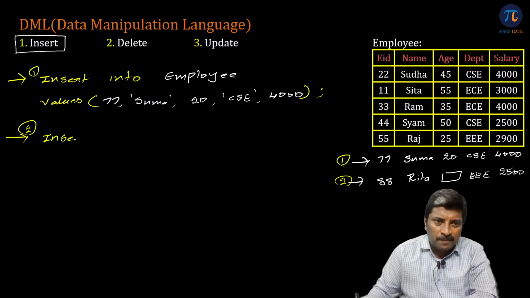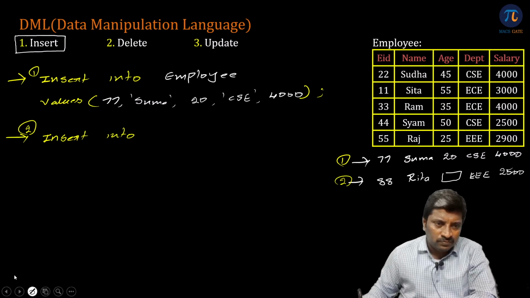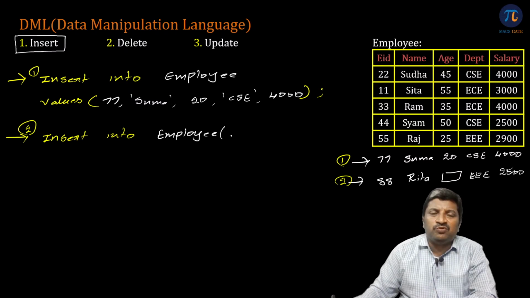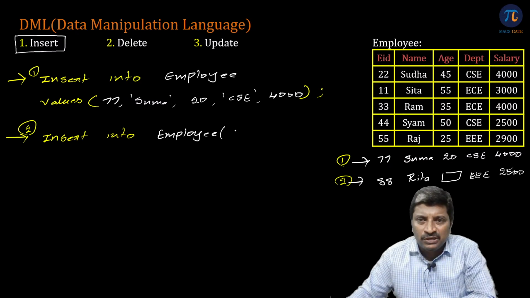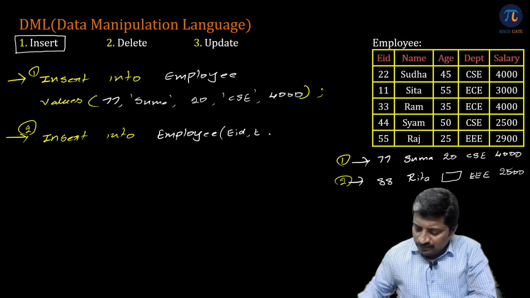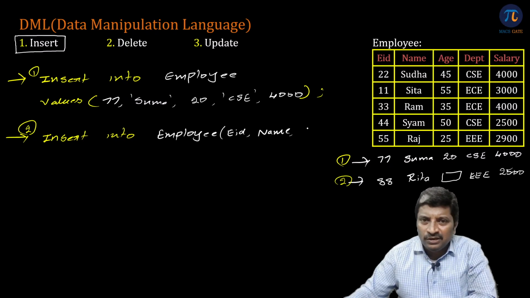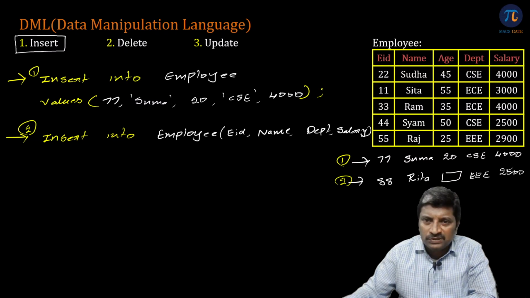insert into employee, but this time you are specifying only some of the attributes. So you need to specify the attribute names. ID you are specifying, sir. Name you are specifying. Age you are not specifying, so leave it. Department, salary.